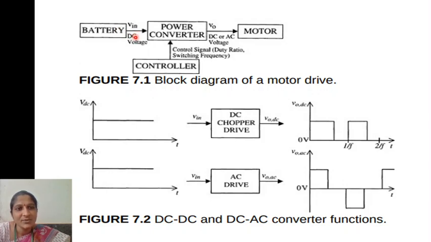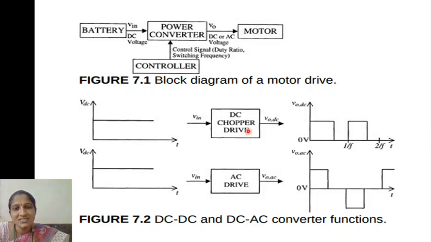So, if the motor is a DC motor, then this DC voltage has to be stepped up to a DC voltage. And if the motor is an AC motor, this DC voltage has to be converted to AC voltage. That means if it is converting from DC to DC, then a chopper drive is required, and if it is connecting from DC to AC, then an AC drive is required.